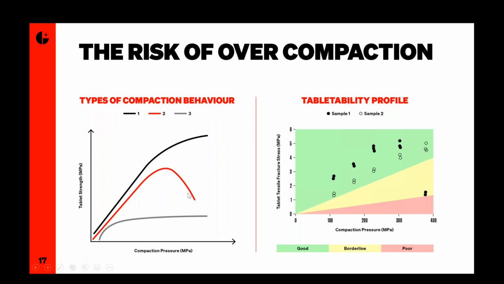And this is very important to know. It's not impossible to work with a material like this, but you need to know if this is what your formulation does before you go into production, because if operators are seeing tablets coming out with low hardness values, the reaction is often to increase compaction pressure, and then you can end up pushing over this edge and ending up with tablets weaker than before, and nobody knows why. So that's the example of the data showing that.